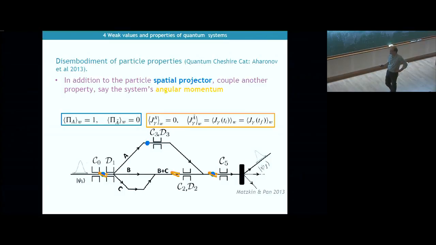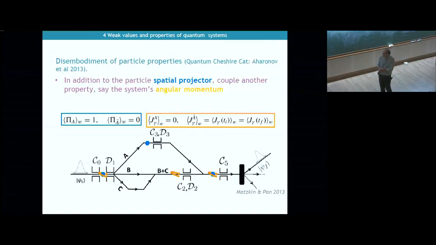And the opposite effect you find here. As we just saw, if you couple the spatial wave function, here the pointer will not see it, it will not move. But if you couple the pointer to the angular momentum of your particle, then there will be a change, which is actually given by the weak value of the angular momentum.